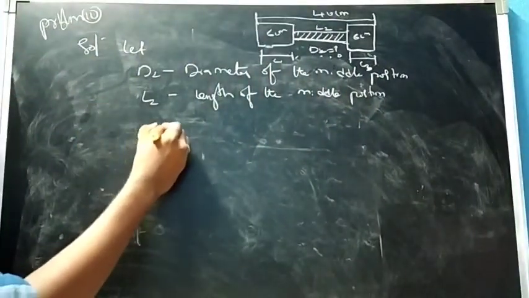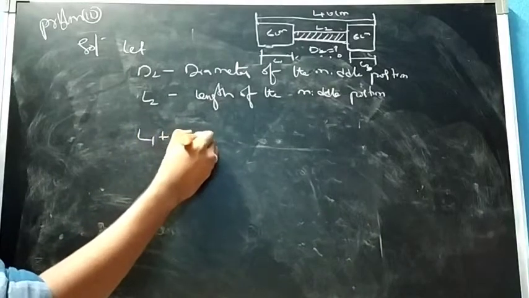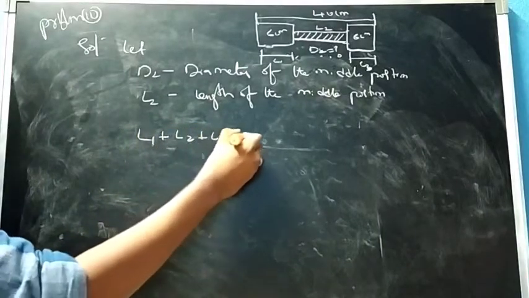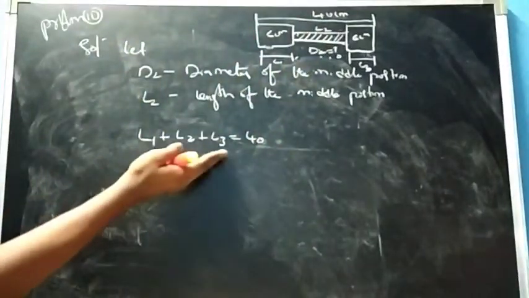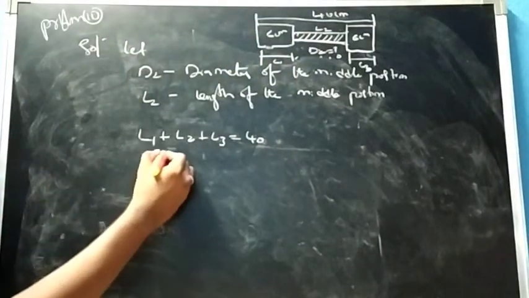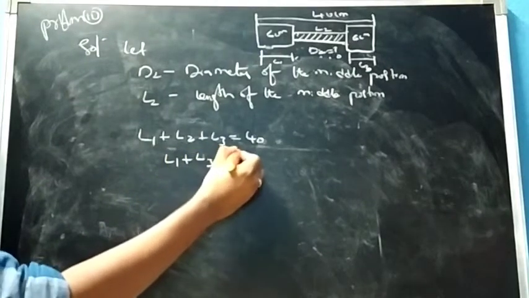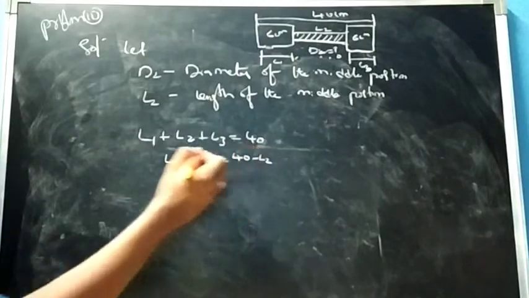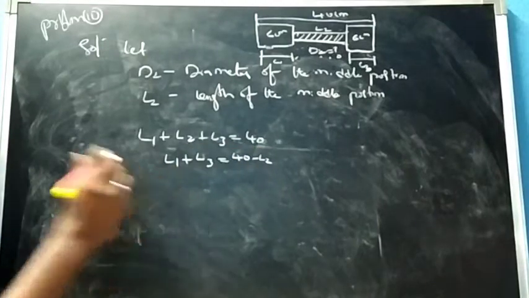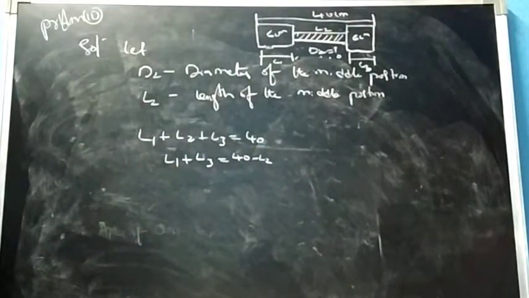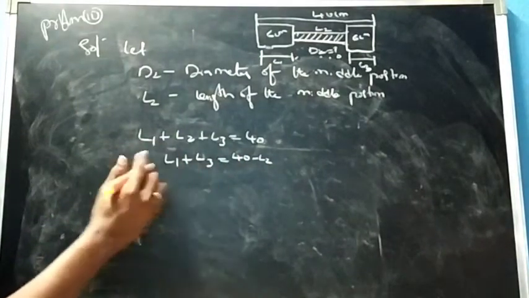So now I can write L1 plus L2 plus L3 will be 40. Total length is given, right? So now I can find out from here L1 plus L3 equals to 40 minus L2, right? So from this we can get this.